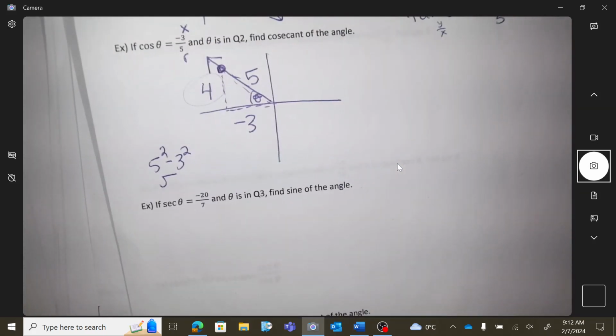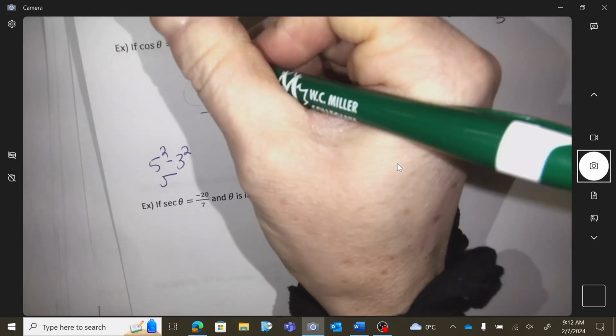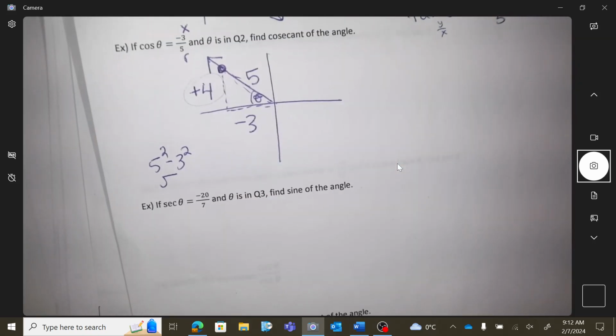Okay, did you get the number 4 on that? Okay, so now here's the trick. You have to talk to me about what kind of 4 is that. It's a y value, so is that a positive or a -4 based on its location? It's a y value, so it is positive, right?